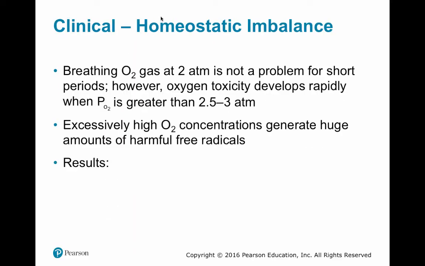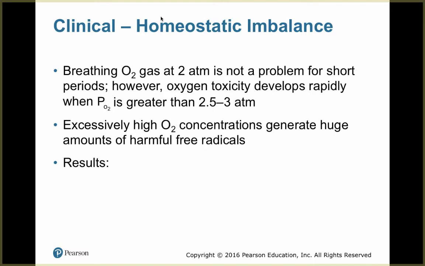So when we're talking about homeostatic imbalances with this, breathing O2 gas at 2 atm is not a problem for a short period of time. However, oxygen toxicity develops rapidly when the partial pressure is greater than 2.5 or 3 atm. The problem is that you have so much oxygen there that it starts generating a lot of what are called free radicals, and these are destructive oxygen species.